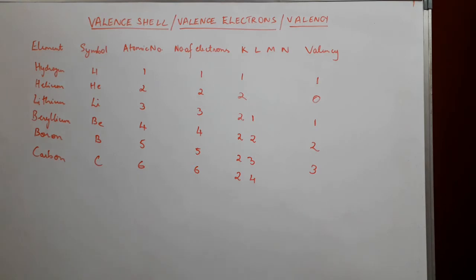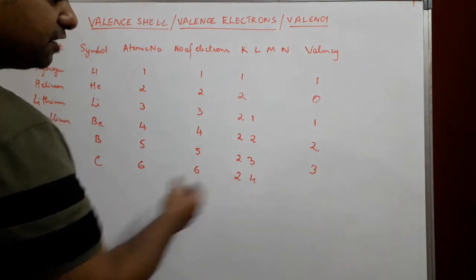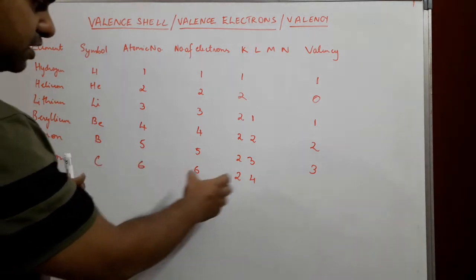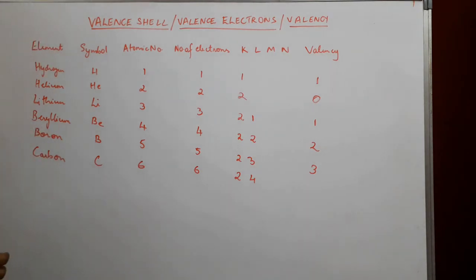It is difficult for it to lose 4 because they are tightly held by the nucleus. It is difficult for it to gain 4 as well because the space is not available for 4 more electrons. It will become too tight, and the nucleus won't be able to hold on to the 4 electrons.